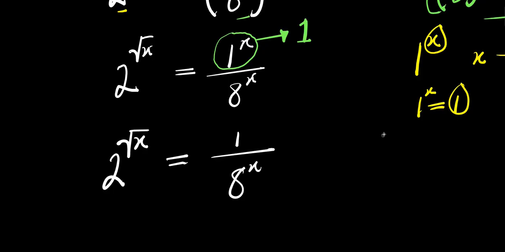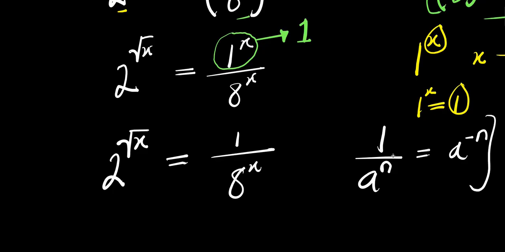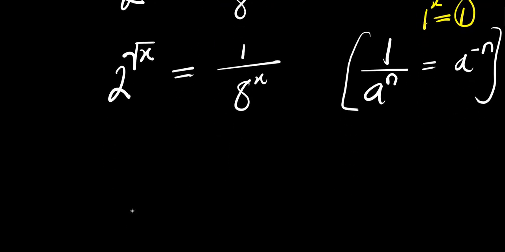Now, if you have 1 divided by 8 to the power of n, this equals a power negative n. So, applying that here, we have 2 power square root of x equals 8 to the power of negative x.